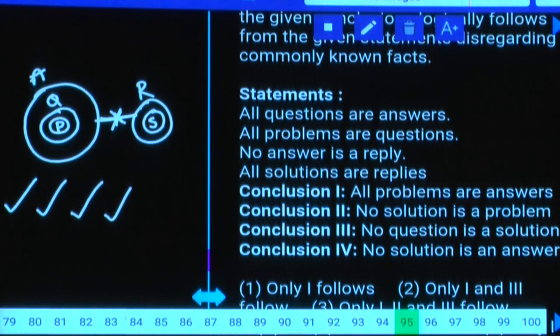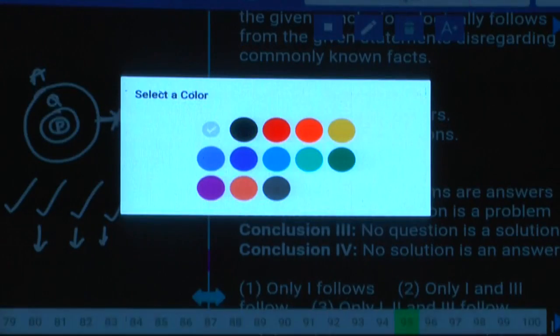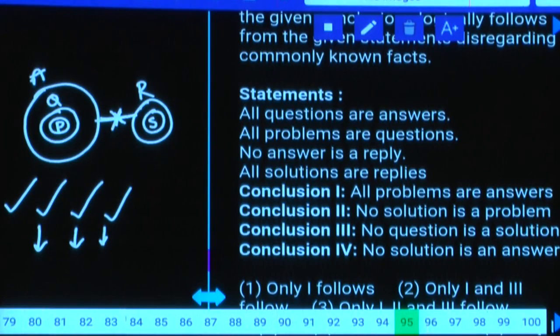Now, out of these 4 conclusions, the second, third and fourth are negative conclusions. In order to check whether they are 100% true or not, we have to check whether they can be false at least once by proving the alternate diagram. No solution is a problem, now we have to prove some of the solutions are problem. That means solution and the problem should be written like this. Can you write solution like this?